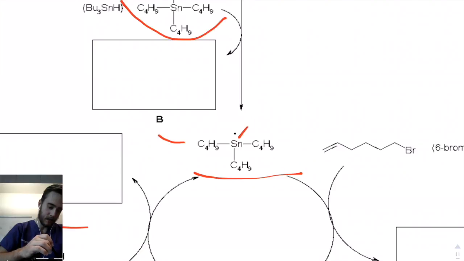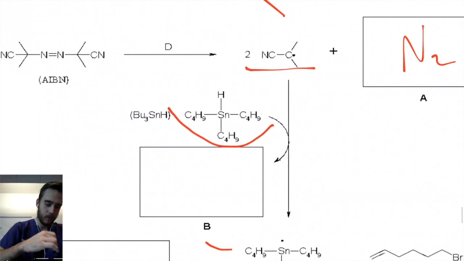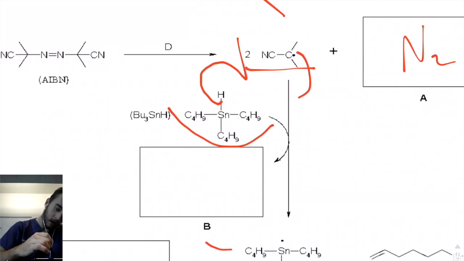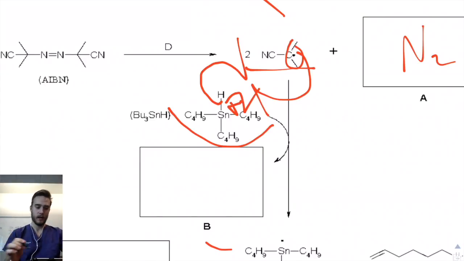This molecule lost its H. That H is there no longer. What happened to produce that? Well, just another free radical propagation step. So one electron from this bond came and formed with this free radical, and then the other electron went into that atom. So what are we left with?